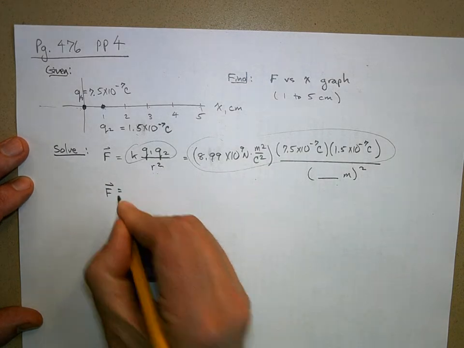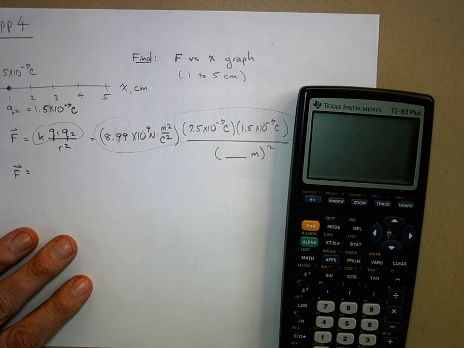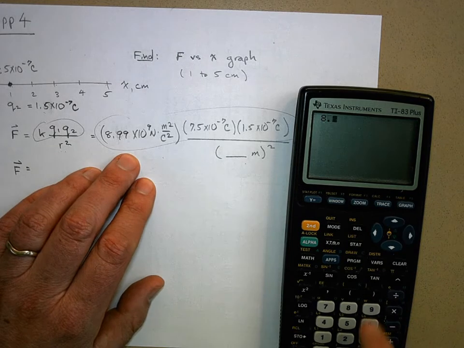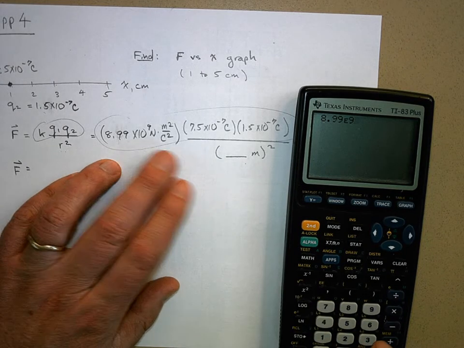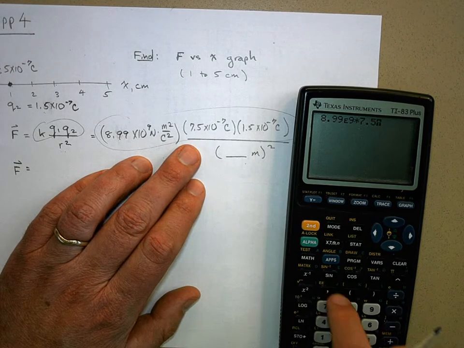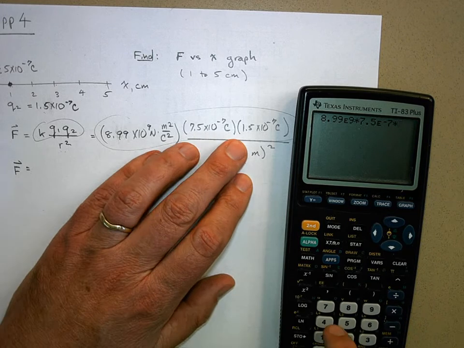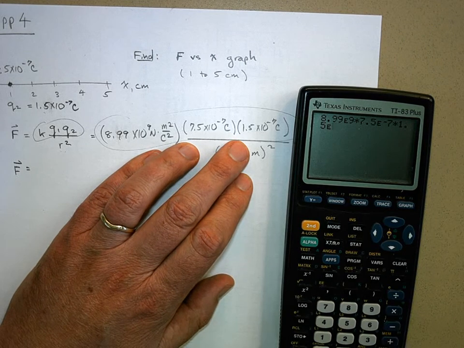So the force is going to be equal to, well, here's my calculator. So this is going to be 8.99 times 10 to the 9 times 7.5 times 10 to the negative 7 times 1.5 times 10 to the negative 7.